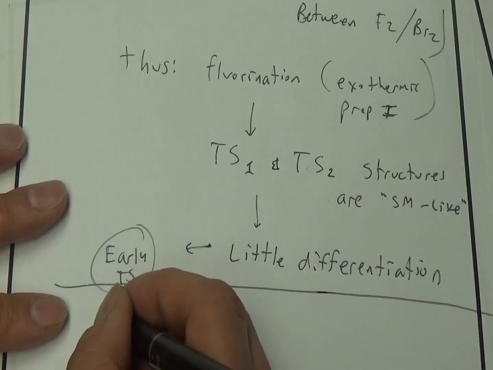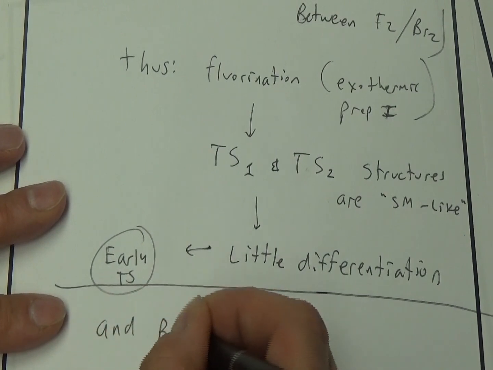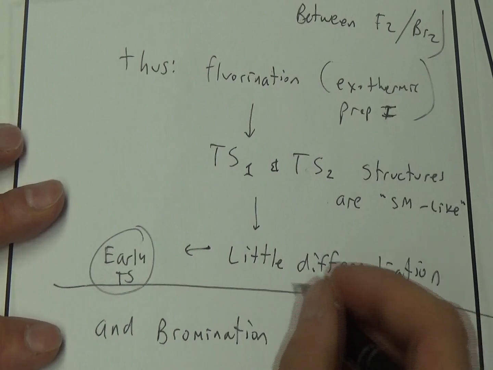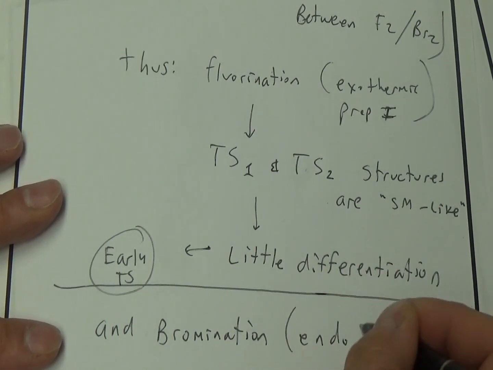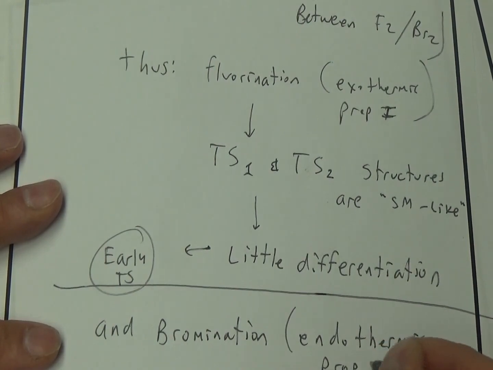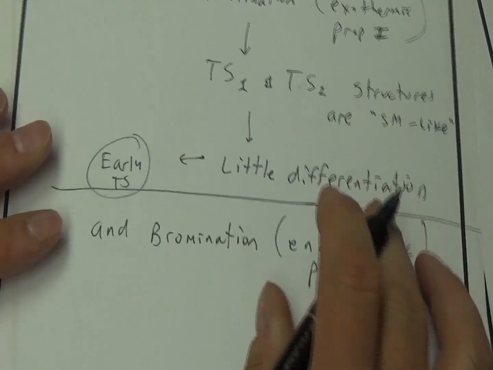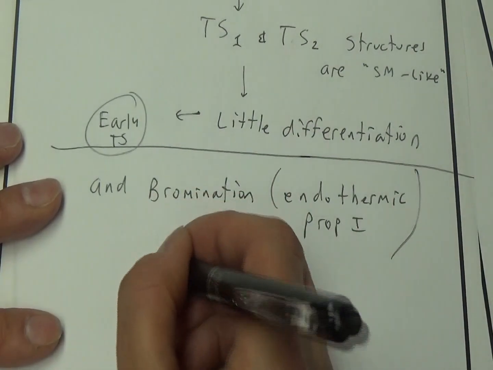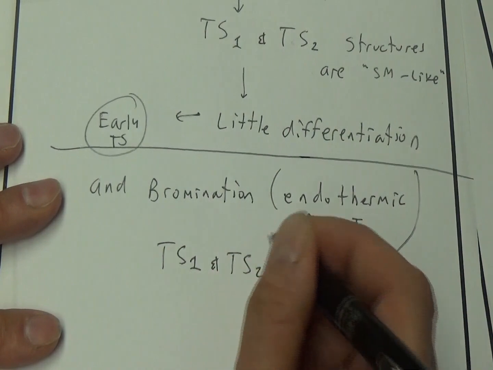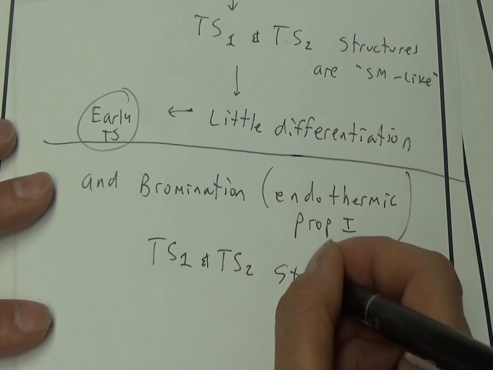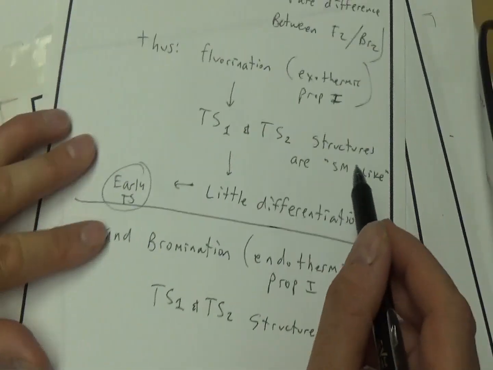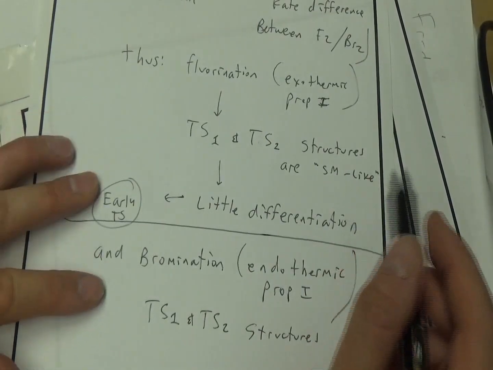Okay? And now we do bromination, which we just talked about. This is an endothermic propagation 1 step. Now, transition states 1 and 2, the structures of the transition states, are not starting material like they were in fluorination.